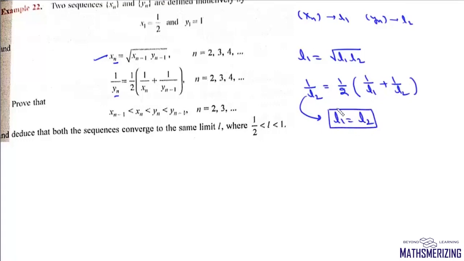So both the sequences will converge to the same limit, say L, and since we have already proved that both the sequences are bounded between 1 by 2 and 1, the limiting value of these sequences will lie between 1 by 2 and 1, and that is the answer to this question.